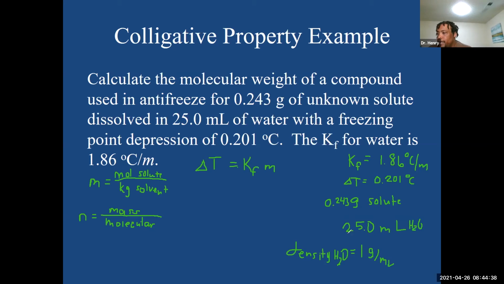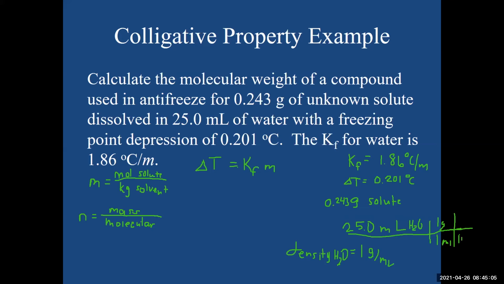Okay, so then we could use that. We know that it's going to be 1 over 1, but we have to convert that to kilograms, right? So how many kilograms are in a gram? Or how many grams are in a kilogram? 1,000 grams in 1 kilogram.